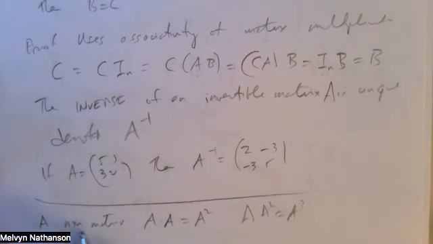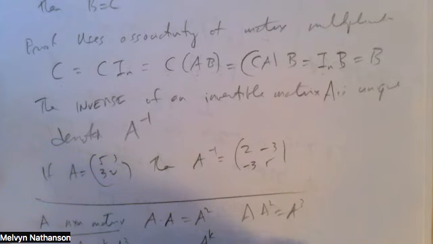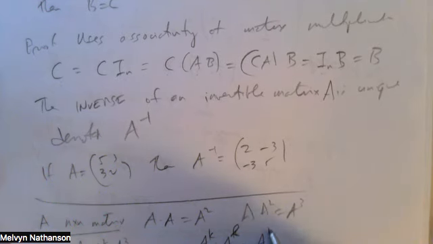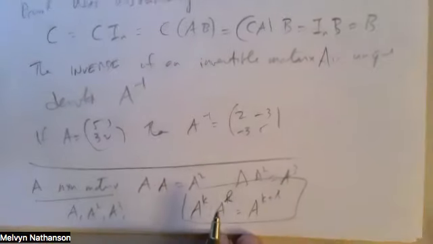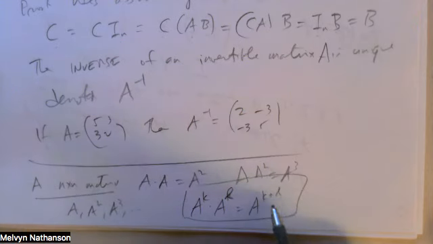So for any square matrix A, you can form the powers A squared, A cubed, and so forth. And you can prove that there is a power law. A to the K times A to the L is A to the K plus L. So this property that you see in algebra, X to the K times X to the L is X to the K plus L, also applies to square matrices.